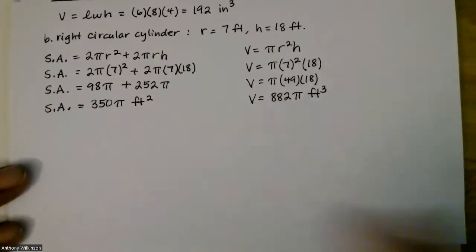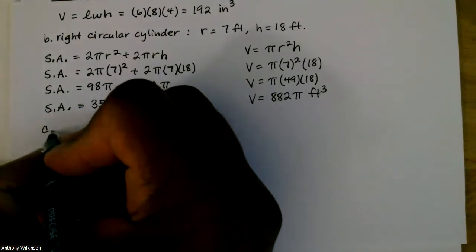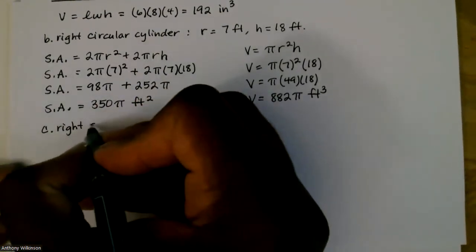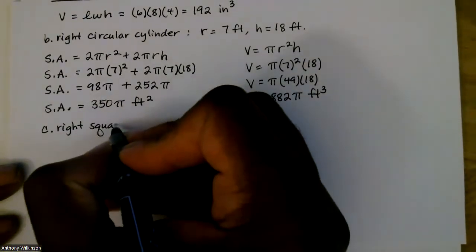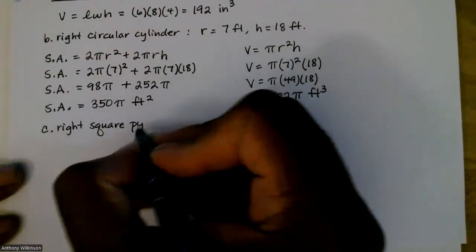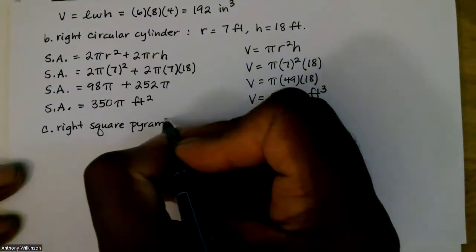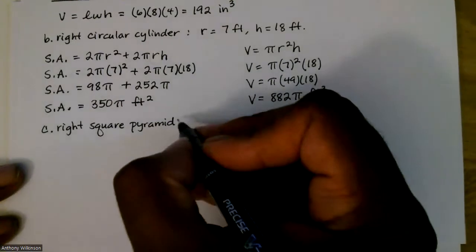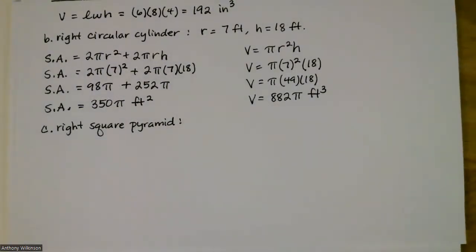Okay. Part C is a right square pyramid. Right square pyramid. Now let's look at what's given to us in this problem here.